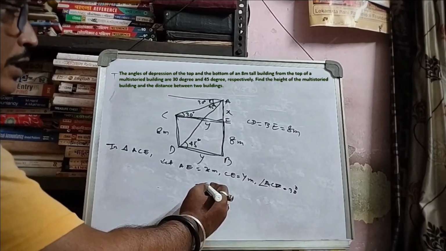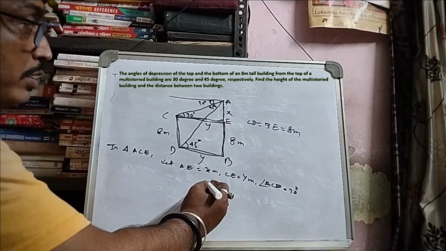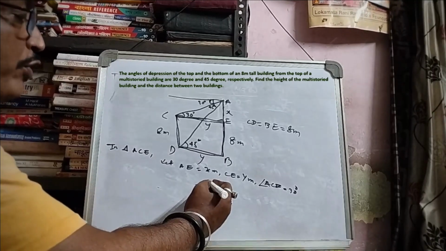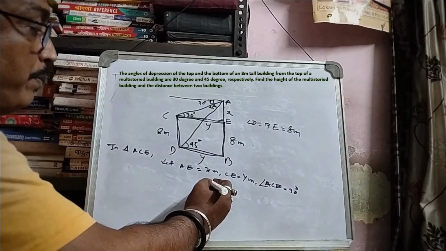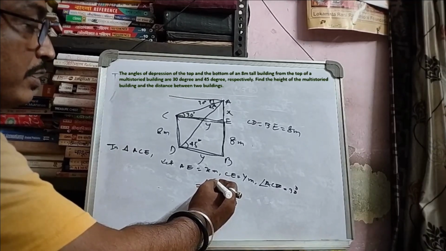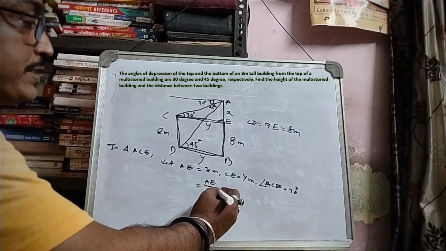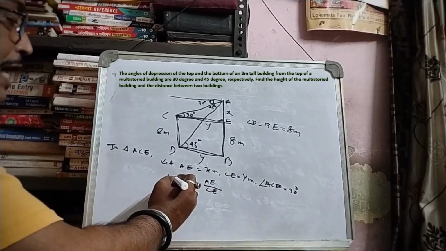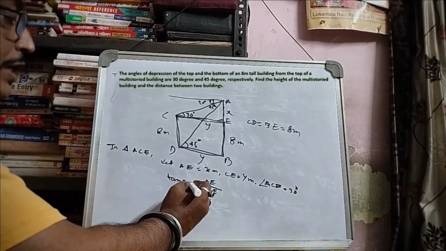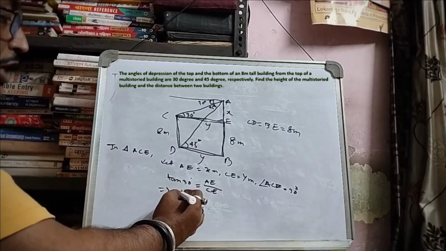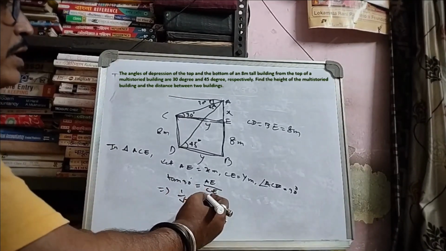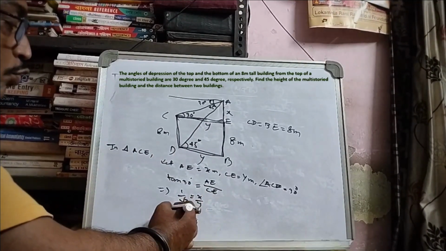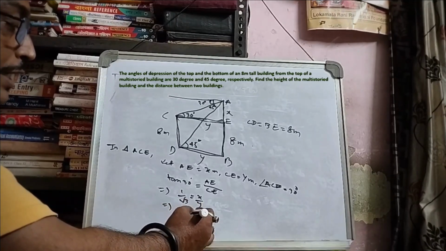I have told you earlier, the ratio depends on these sides: perpendicular by base. That means tan. Angle is 30, tan 30 is 1 by root 3, which is x by y. So y is equal to x root 3.